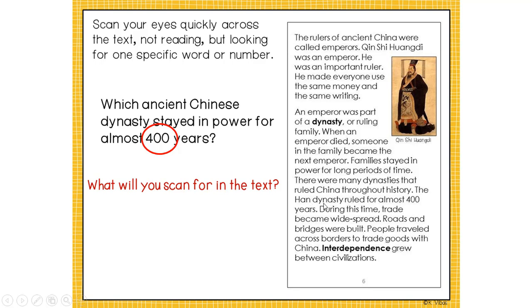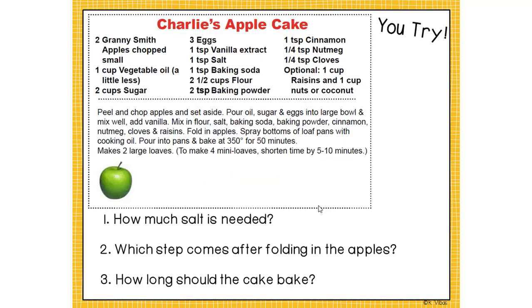The Han Dynasty. So there's 400, and Han Dynasty was the one that ruled it. So it was the Han Dynasty that was in power for 400 years. We didn't read the whole text. We're just scanning it really quickly just to find the number 400.